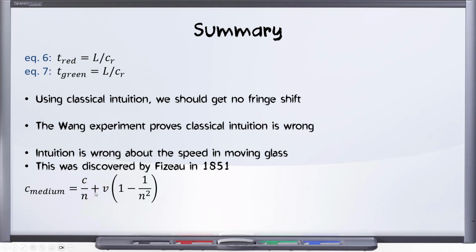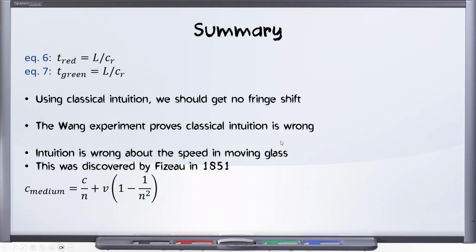It's c over n plus v times this quantity. I'm going to say that's simply not intuitive, but that's what it was measured to be. So perhaps we should redo this whole thing using the speed of light as we understand it's supposed to be and see if that works out for us.